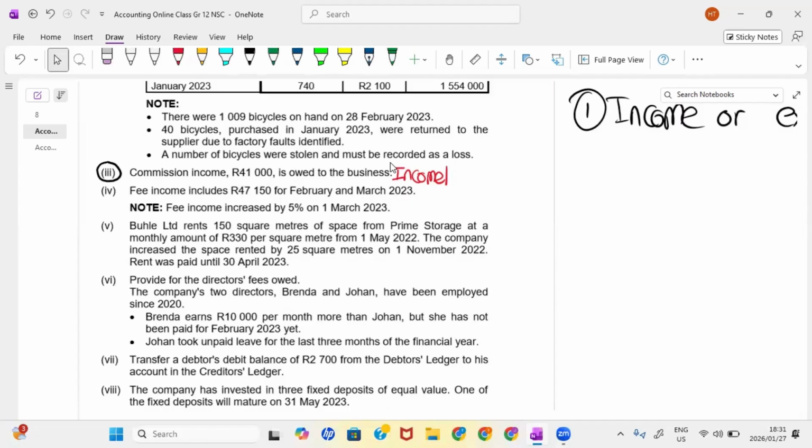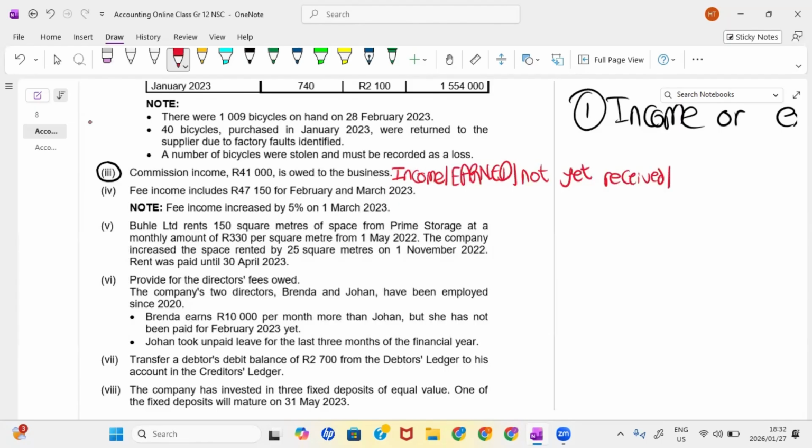Because if they owe us something, that means we did that job, and therefore we have earned that income. However, since they owe us, we have not received the income, right? So it is income earned, however, not yet received.